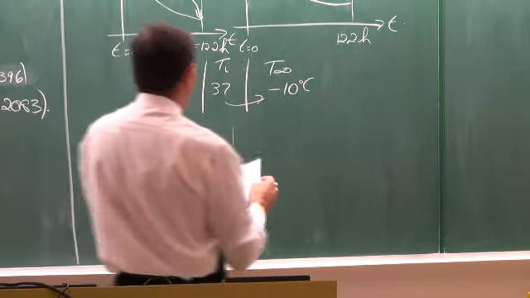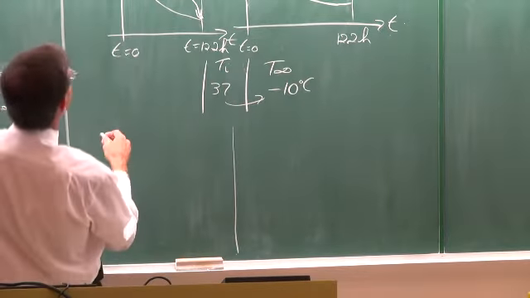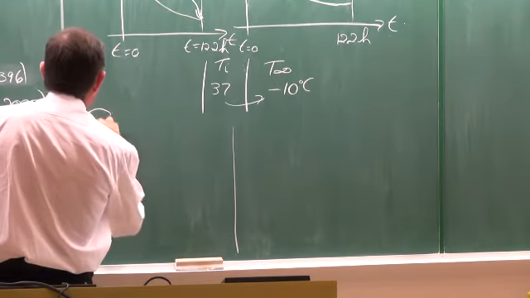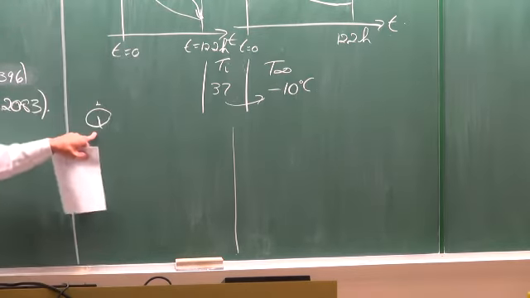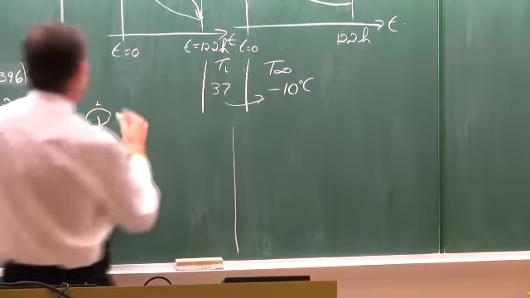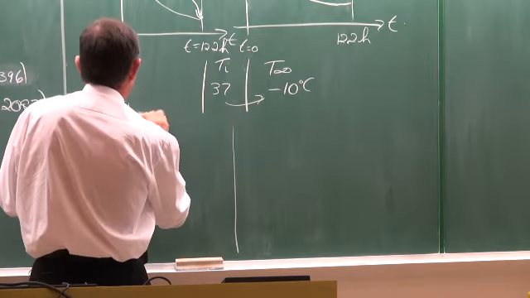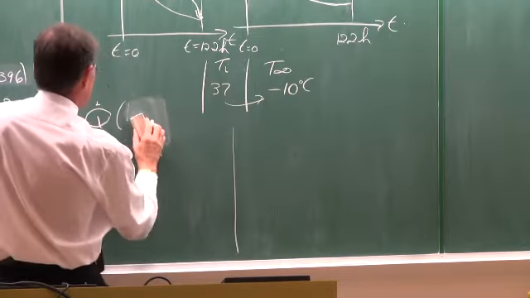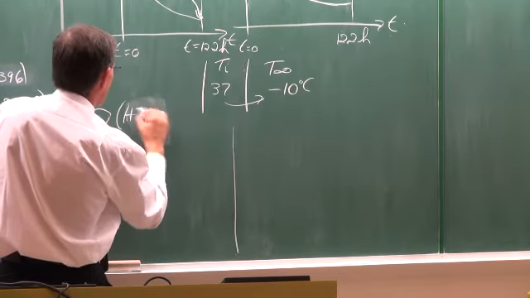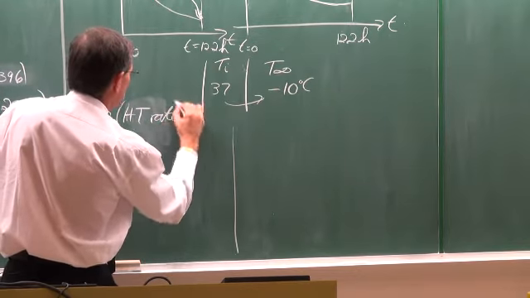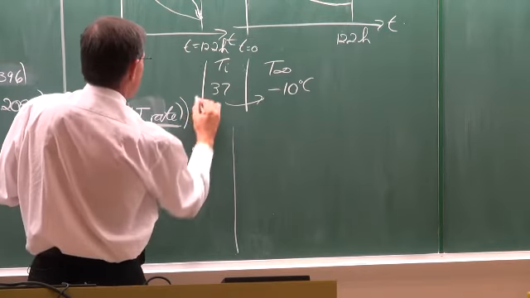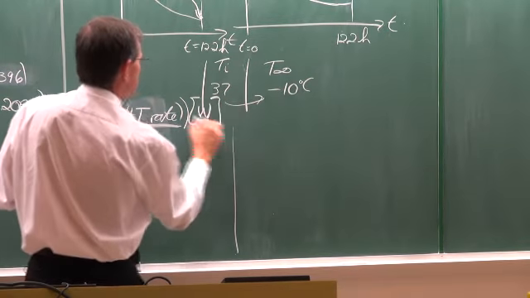Now in terms of the heat transfer rate, Q dot, the heat transfer rate. Let me write it like this. HT for heat transfer rate. And the units will be in watts.